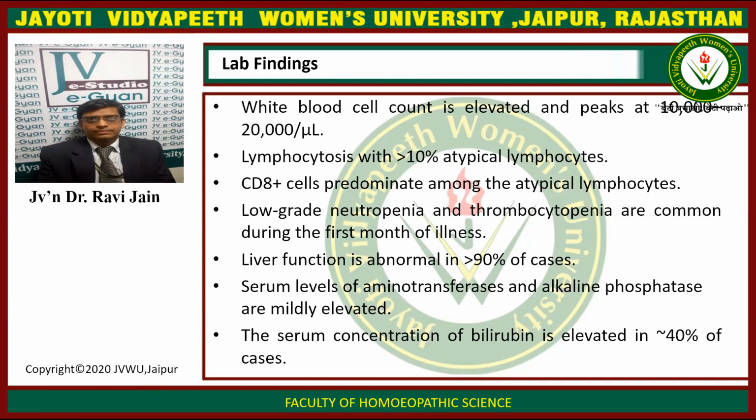Liver function test is abnormal in greater than 90% of the cases. Serum levels of aminotransferases and alkaline phosphatase are mildly elevated. The serum concentration of bilirubin is elevated in around 40% of the cases.